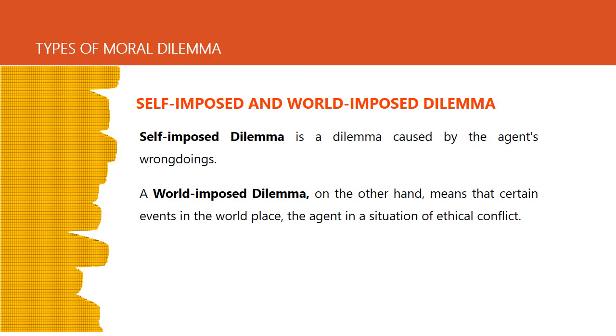Another type is self-imposed dilemma. It is a dilemma caused by the agent's own wrongdoings. For example, Jay is running for the position of senator. During the campaign period, he promised to protect the natural forests of the people only to gain their votes.